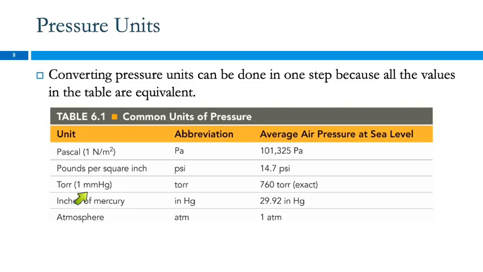Here we have the torr, same as the millimeter of mercury, and average air pressure at sea level is defined as 760 torr, or 760 millimeters of mercury, and that's considered an exact number. We can also measure the height of the column of mercury in inches, and this is what the weatherman uses, 29.92 inches of mercury.